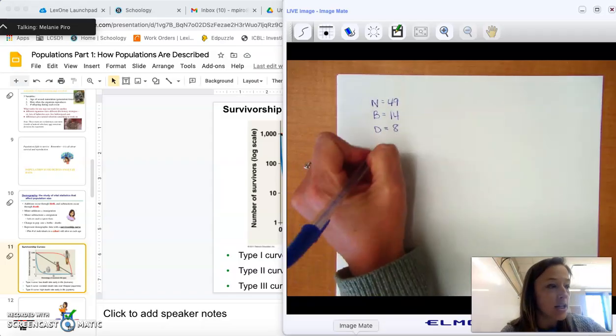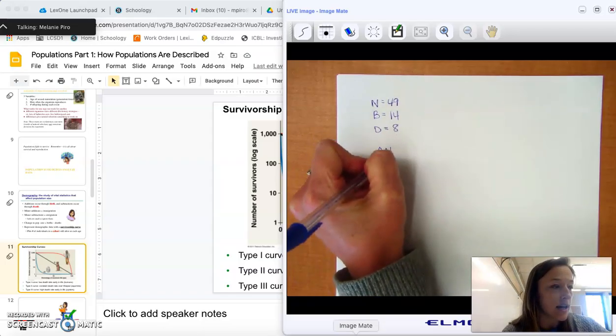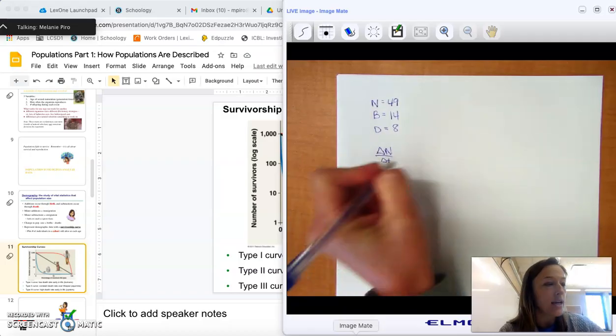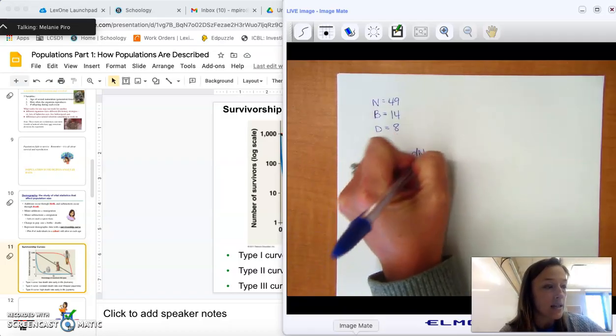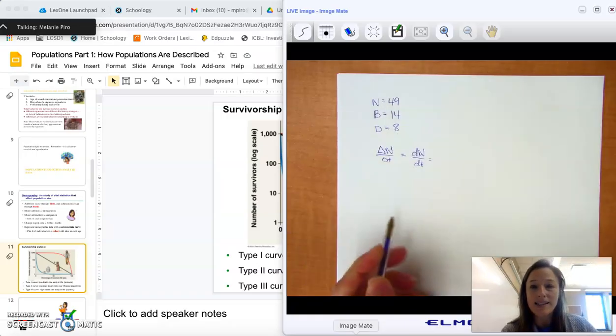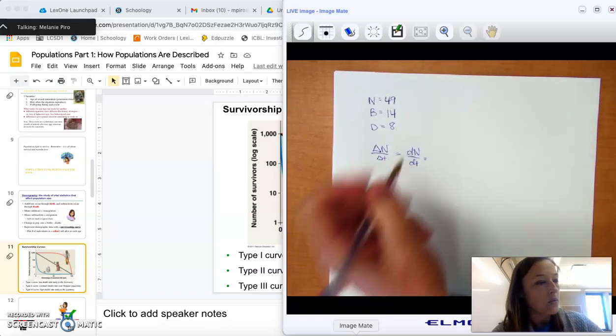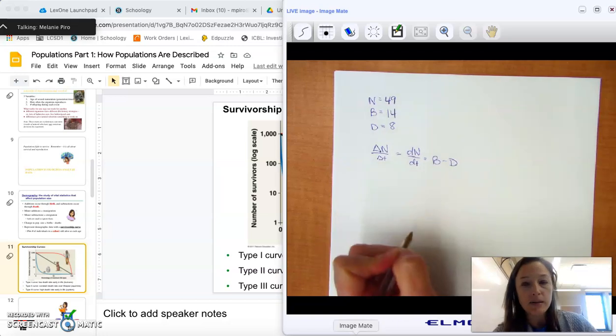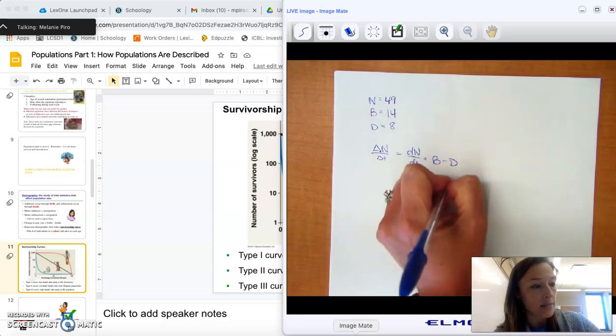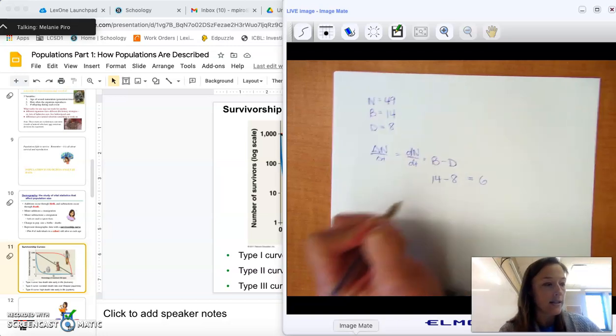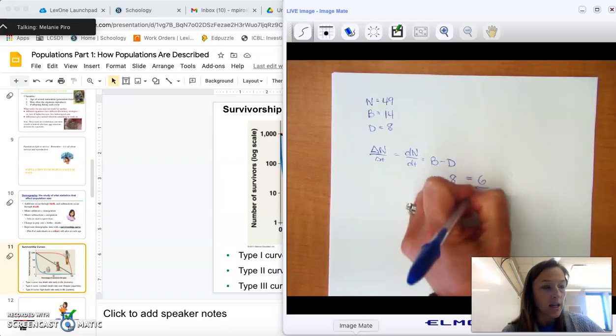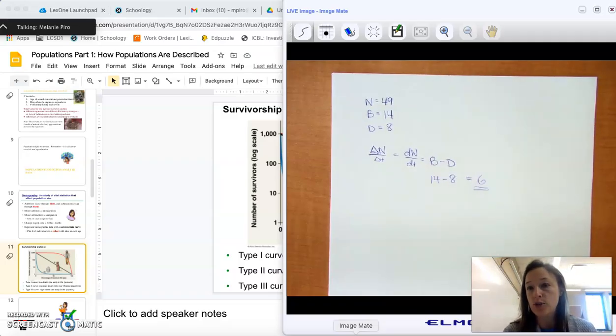The change in population over time, so remember delta means change, and sometimes you'll see that written dN over dt because not everybody has access to that delta sign, would be big B minus big D. So 14 minus 8, which is 6. So the change in population is 6 rose bushes, and it's positive, so we know that we increased the population by 6.